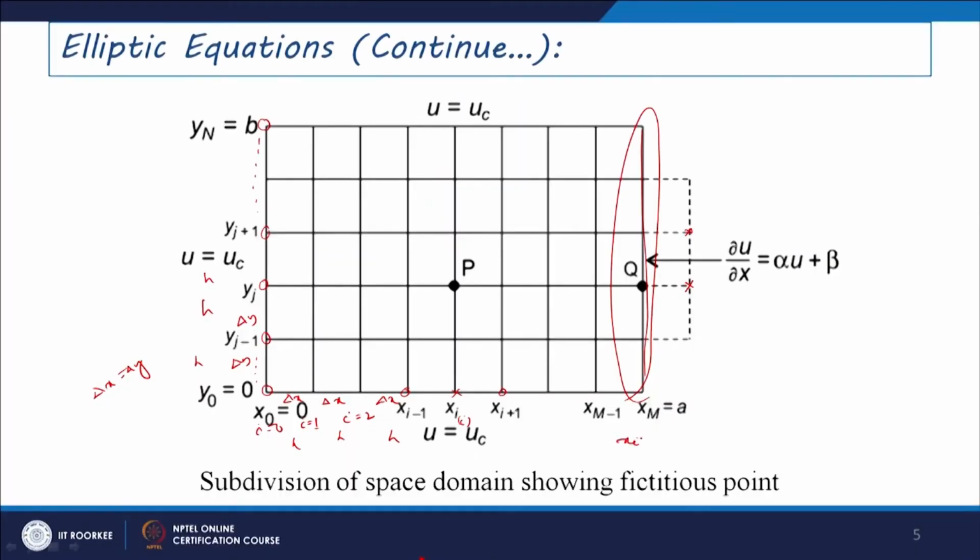So, we can write xi equals x0 plus ih there, or xm can be written as mh, the total distance. Since the starting point is 0, then h, then 2h, 3h, likewise as you move, the final point we get is mh there. Similarly, if you go in the y direction, we find the last node point as nh there.